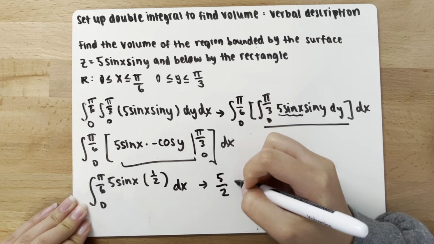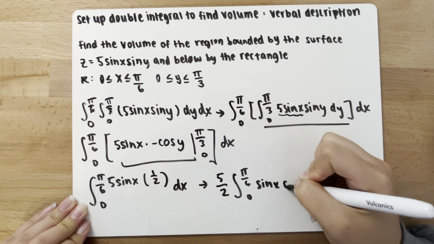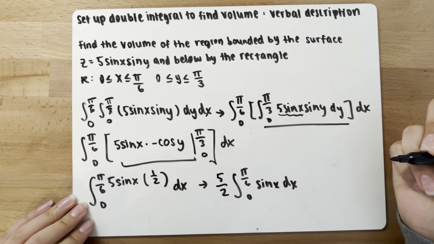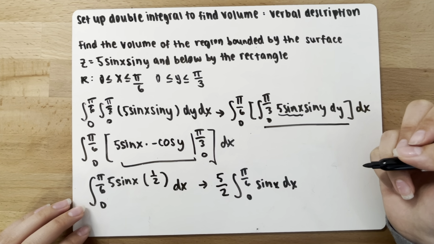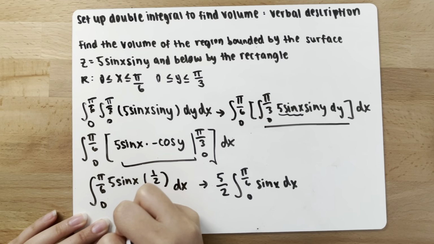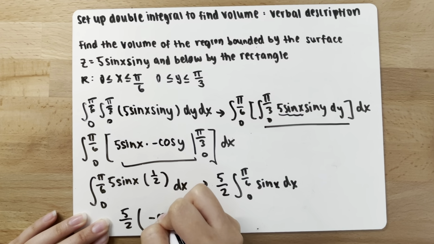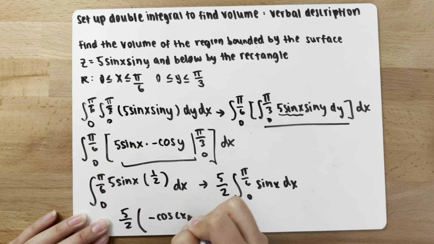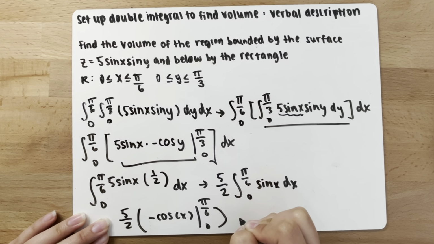If we do that, we'll be left with sine x dx. The integral of sine is negative cosine. Therefore, 5 over 2 times negative cosine x. Plug in the boundaries, pi over 6 and 0.